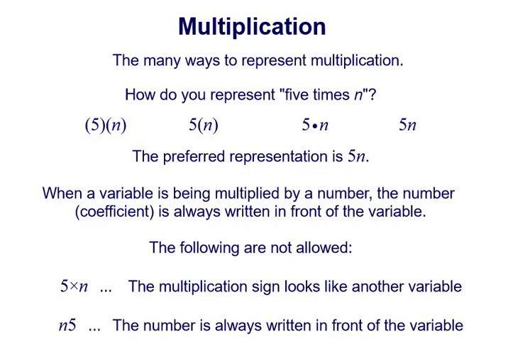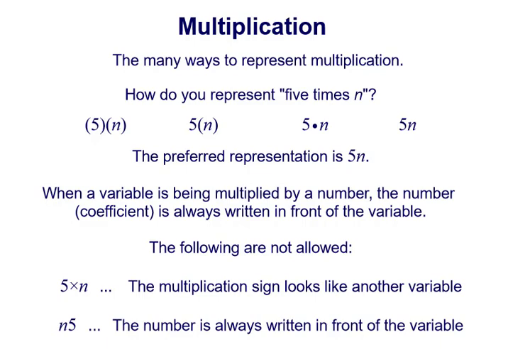Another thing to be mindful of is with multiplication. There's actually many different ways to represent multiplication. For example, when you hear the expression 5 times n, what would you write? You have a lot of different possibilities. You could write 5 and n inside parentheses. You could write just the n in parentheses.